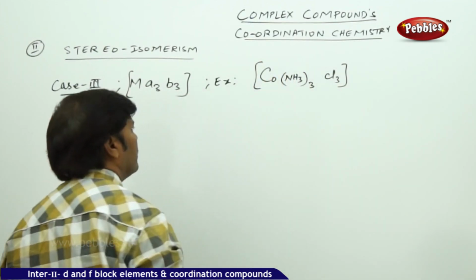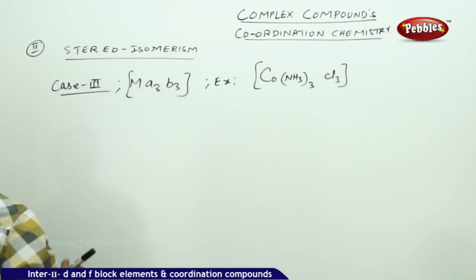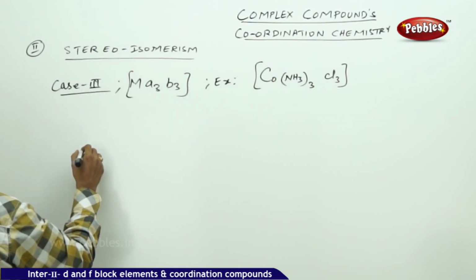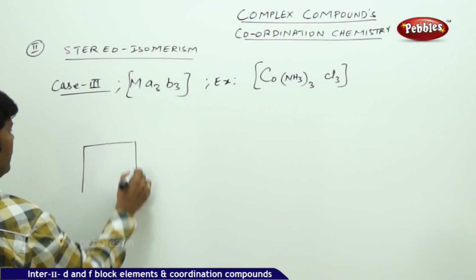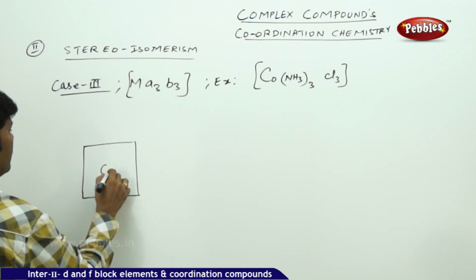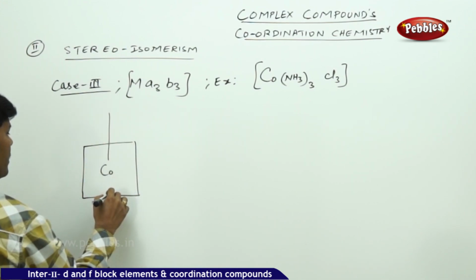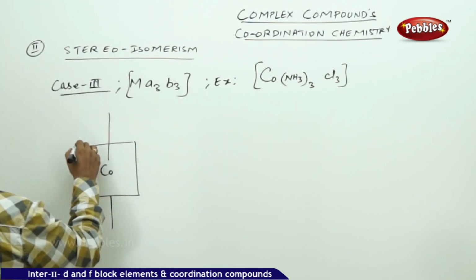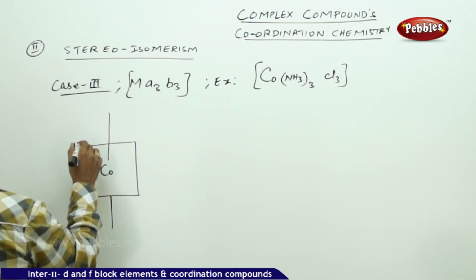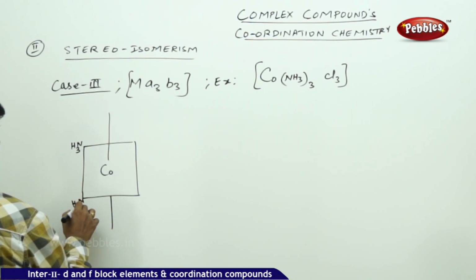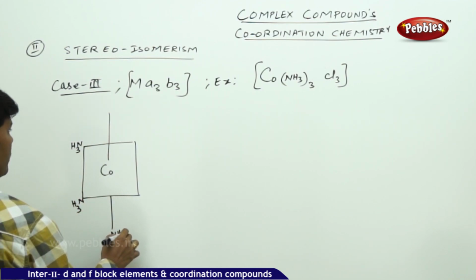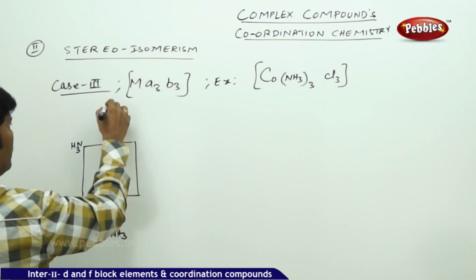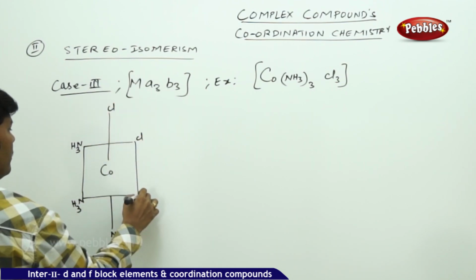If you are going to take, then this is going to be shown in the form of, take the metal complex, take the cobalt, here you take one case like this. So take 3 ammonia molecules back to back at the 3 corners like this, and take 3 chloro groups also in the same pattern.